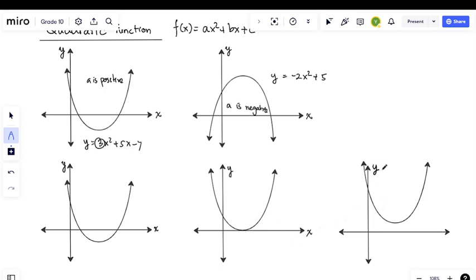Jadi kita mau lihat apakah grafiknya bakal intercept on 2 points, or maybe just meet at a single point, or the curve is not meeting at any points of the x-axis. Jadi nggak akan kena x-axis sama sekali, atau mungkin cuma kena 1, atau mungkin kena di 2 titik seperti ini.